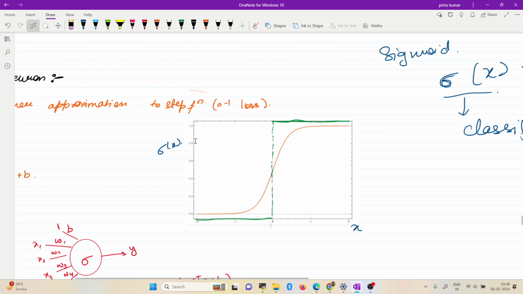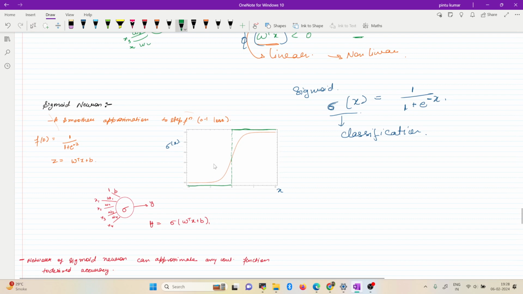So the sigma function is a very good approximation to your step function. But the step function is not differentiable; in fact, it is not continuous at this point. So we approximate it via a smoother function so that we can find its gradient and so on. This is one motivation for using the sigmoid activation.